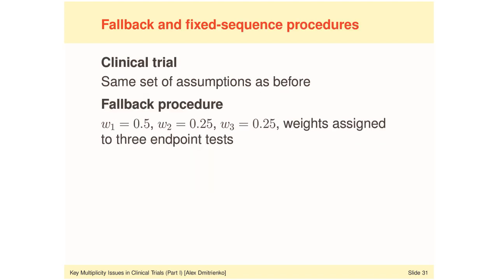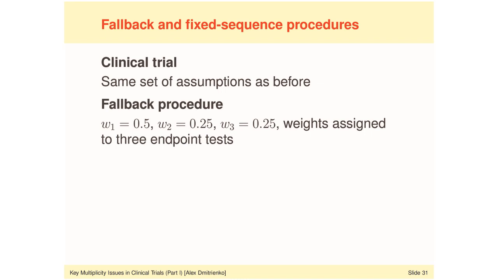Now, to help us appreciate the advantage of using the more flexible fallback procedure, I'm going to go back to the simulation study that we used to examine the robustness and general operating characteristics of the fixed sequence procedure. And to refresh your memory, I used a clinical study with 3 different endpoints.